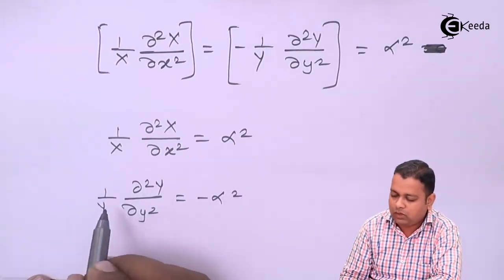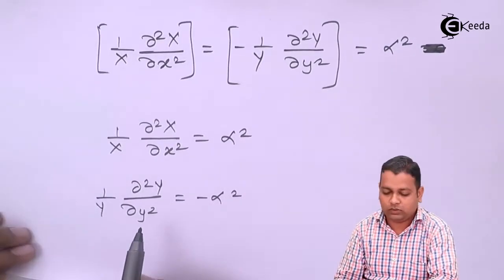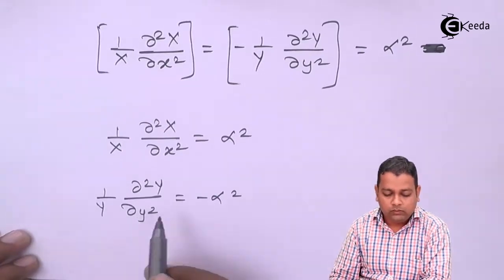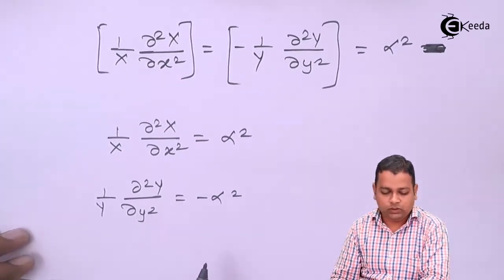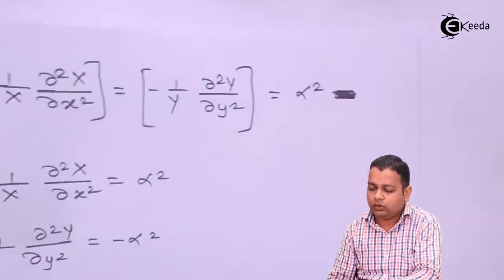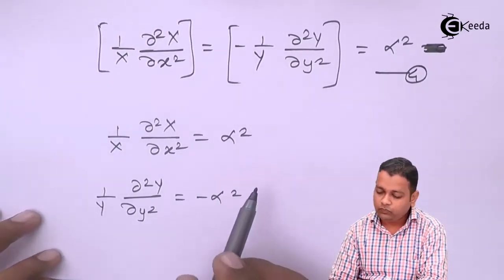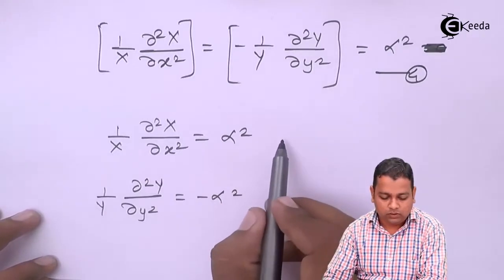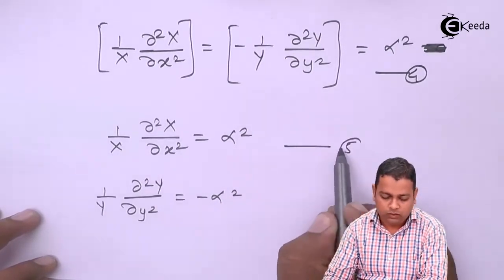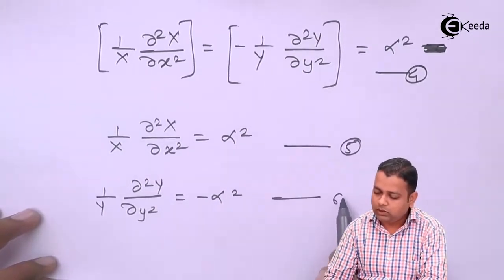Yes, this is 1 upon capital Y in multiplication way. These equations we can call equation number 4, this equation number 5, this equation number 6.